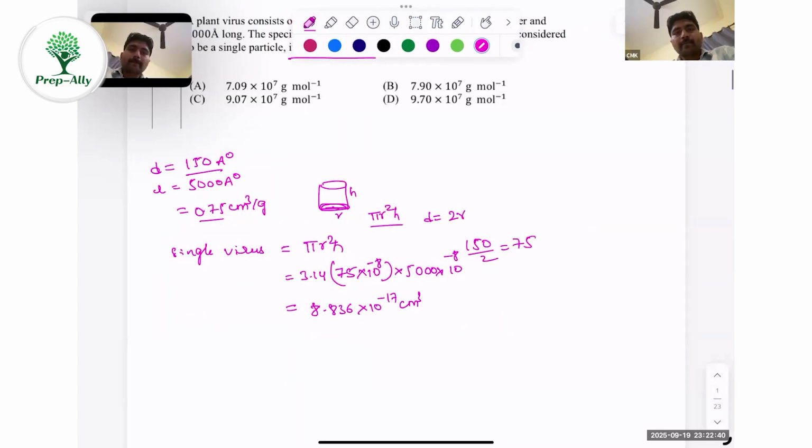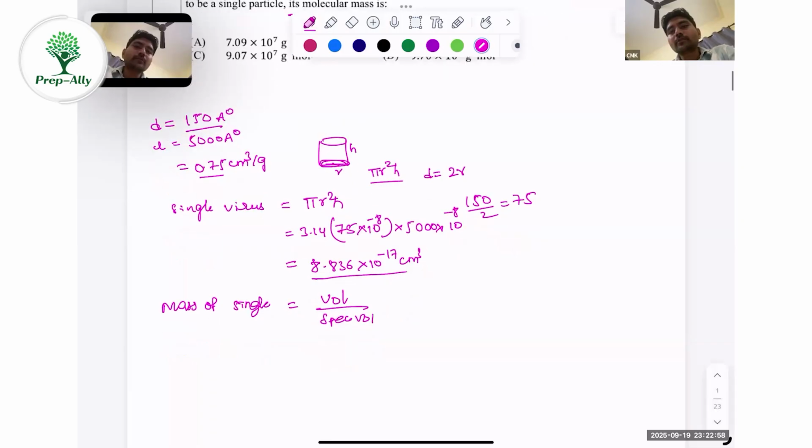Now we are finding the mass of a single virus, and we got the volume. If you want to find mass, volume by specific volume will give the mass of a single virus. So 8.836 into 10 to the power of minus 17 by the specific volume, 0.75 centimeter cube per gram.